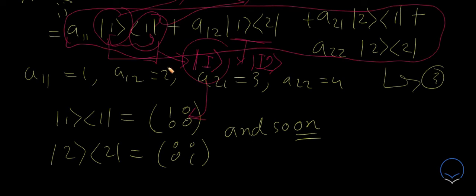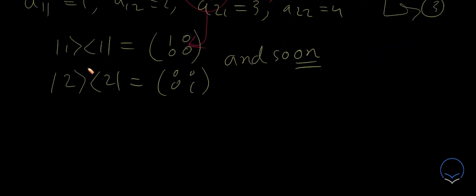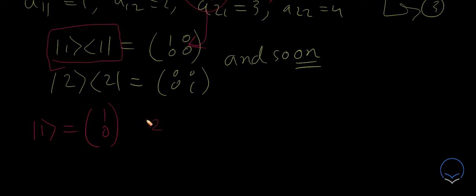So it's a good thing to keep in mind. And lastly, I would like to show something else. Let's say I do want to think of these bra and kets in terms of row and column. So let's say I write 1 as 1 0 and 2 as 0 1. Why am I saying this?